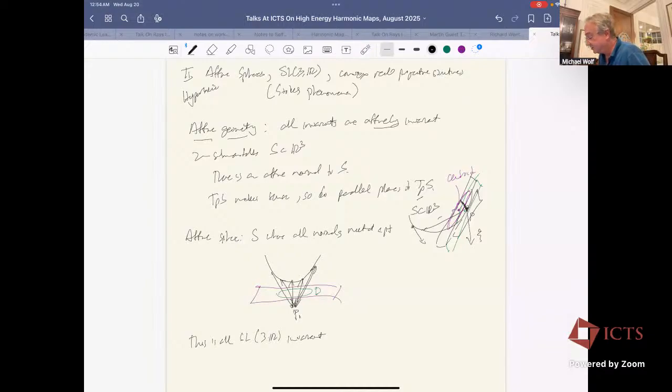And so this shadow D is some domain in RP2. What you find from the theory of affine spheres is that this domain D in RP2 is convex. And so we are parameterizing spheres over convex domains in RP2.